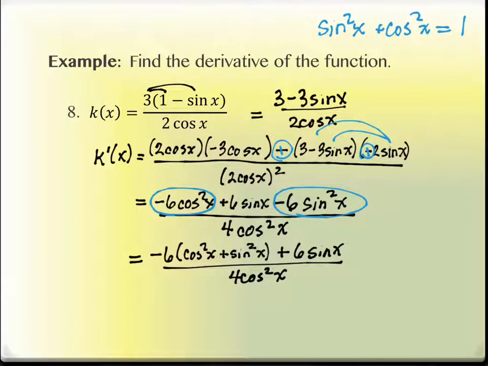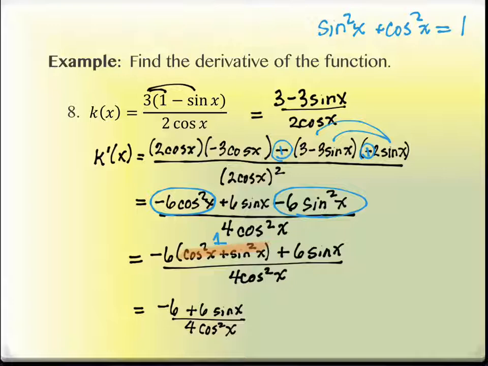So when this identity shows up in a problem, I expect you to be able to see it and use it. It doesn't occur all that frequently, but it will occur occasionally. So this piece right here then is equal to 1, multiplied by the -6 that's before it. So it's just -6 plus my 6 sine of x over 4 cosine squared of x.